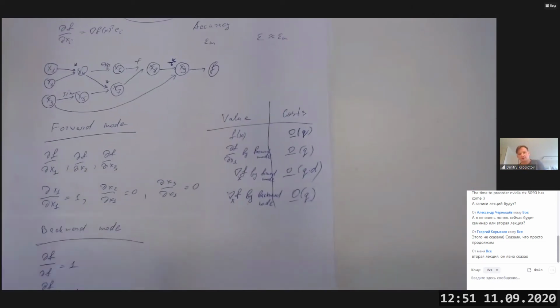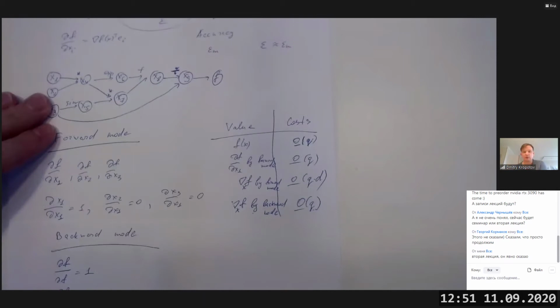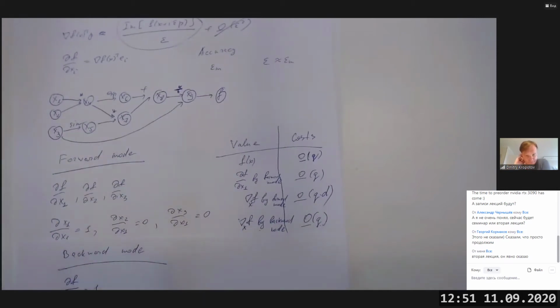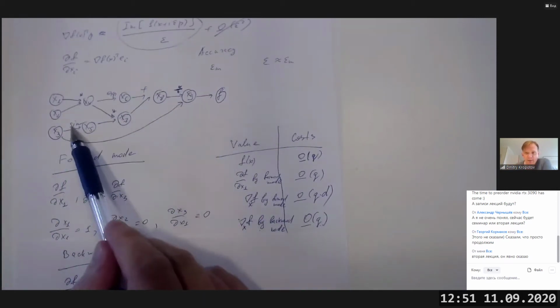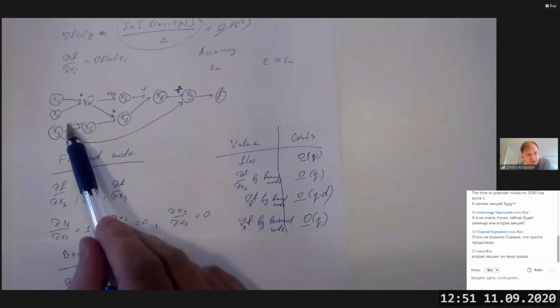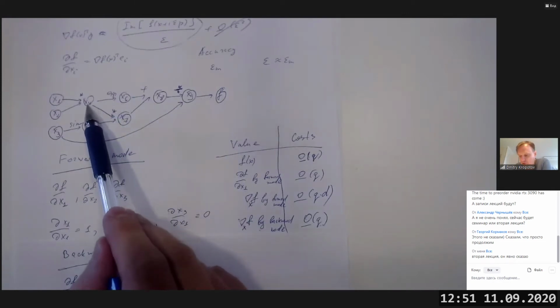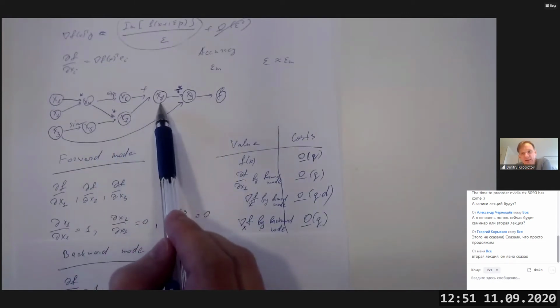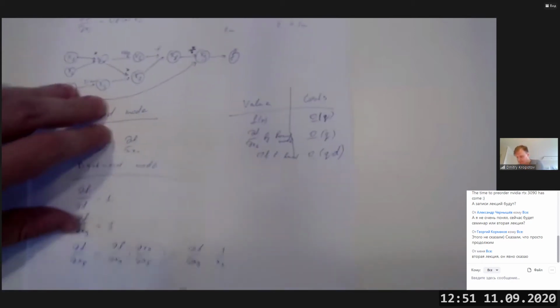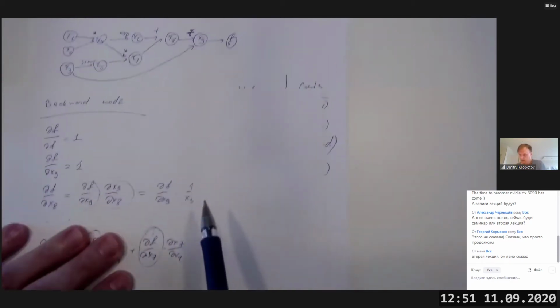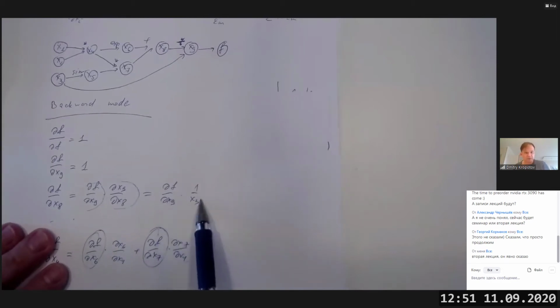The price for this efficiency compared to the forward mode is memory, because in order to do the backward calculation, we first need to do the forward calculation for the function itself, and then store into memory all the intermediate variables, because when we do some calculation, we use our intermediate variables.